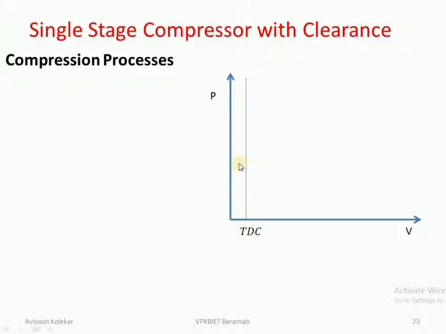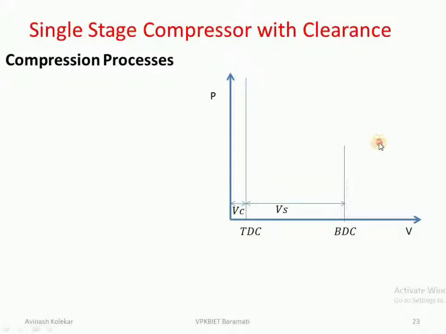So the TDC will be somewhat away from the y-axis, and from TDC to BDC there will be the stroke. VC is the clearance volume, and if VS is the swept volume, the total volume will be VC plus VS. When the piston is at the BDC, the total volume will be there, and when the piston is at TDC, the clearance volume will be there.